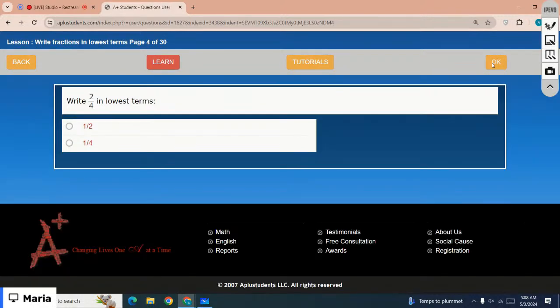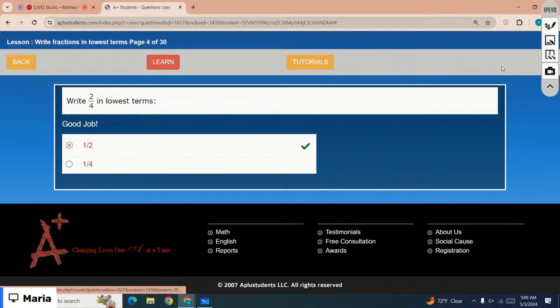Write 2 by 4 in the lowest term, which is the correct option? That is 1 over 2. Option number 1 is the correct option. Very good.